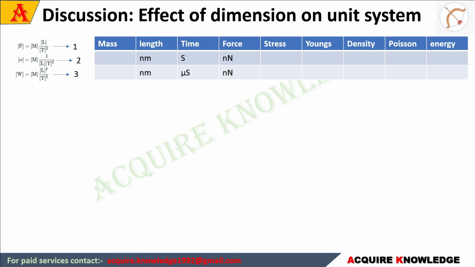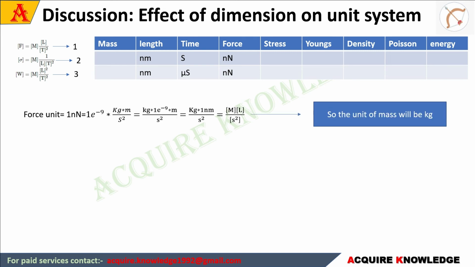So let's try to derive the mass unit, stress, and the corresponding density values for the structural steel. Because we have already set the unit as nanonewton, we can write nanonewton in the form of 10 to the power minus 9 kg meter per second square. If we further break it down and compare it with equation number 1, we will see that the mass unit for this specific unit system is going to be in kg.